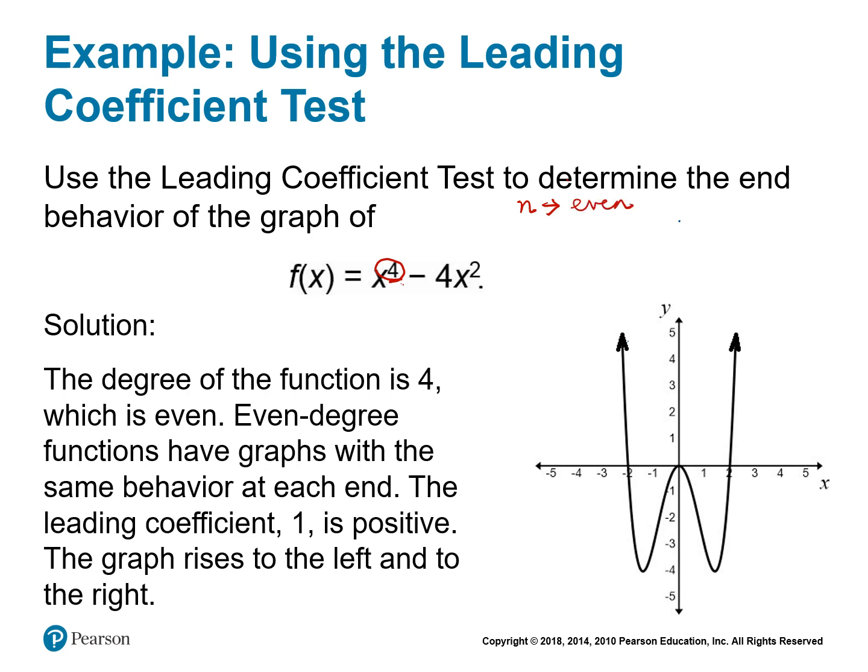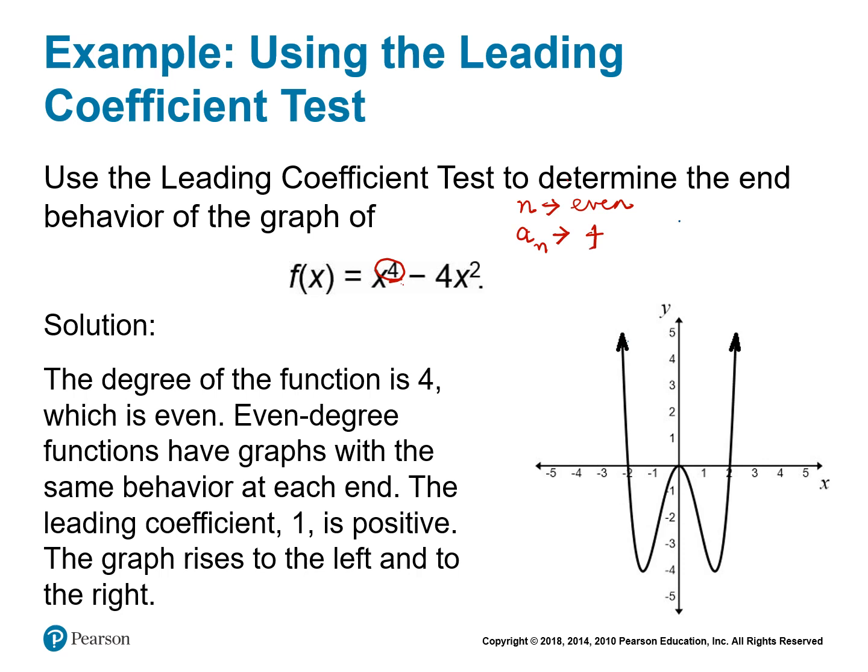Now, once we have done that, we need to look at the sign of the coefficient of the leading term, what's called the leading coefficient, a sub n. We don't see a visible coefficient of the leading term, so that means the coefficient is positive 1. So the sign is positive.